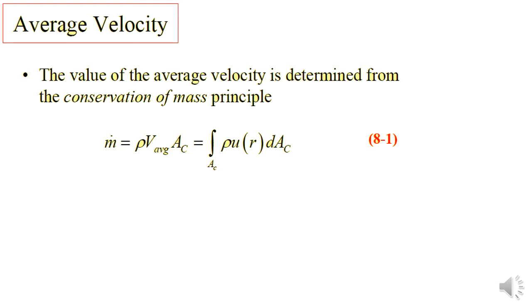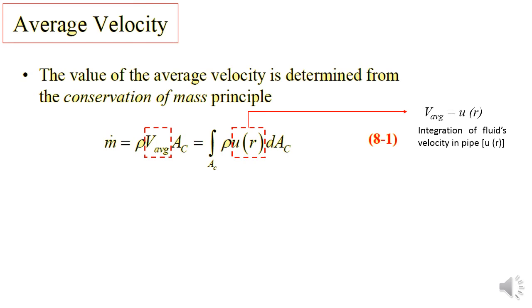V average, rho is the density, equal to integration over cross-sectional area Ac of rho times u as a function of r dAc. As you can see here, u as a function of r is the variation of fluid velocity in the pipe, as I put a note here.